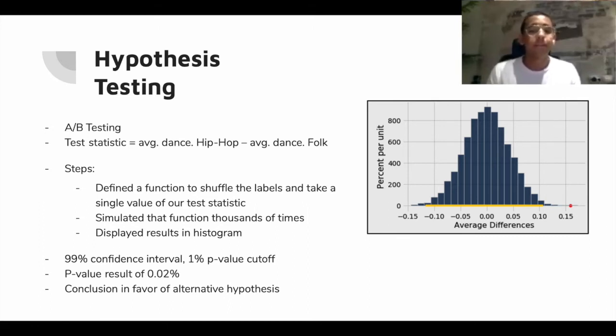Our observed value of the test statistic did not fall in a 99% confidence interval, and at a p-value cutoff of 1%, our p-value was 0.02%, thus confirming the alternative hypothesis that hip-hop is indeed more danceable than folk in the real-life population. And now, knowing that, let's move on to prediction.